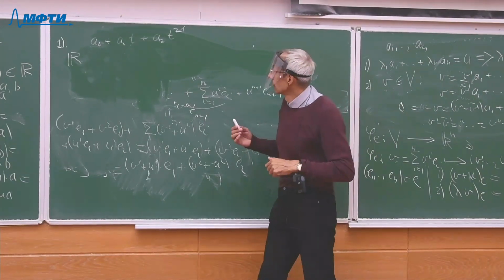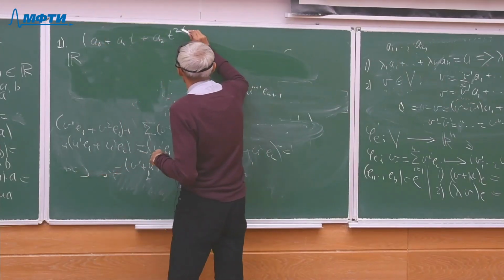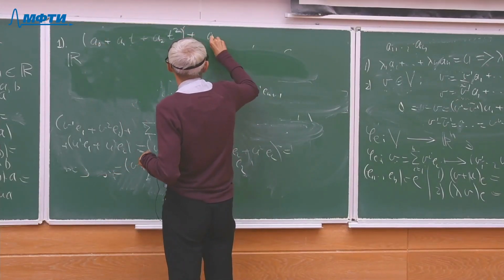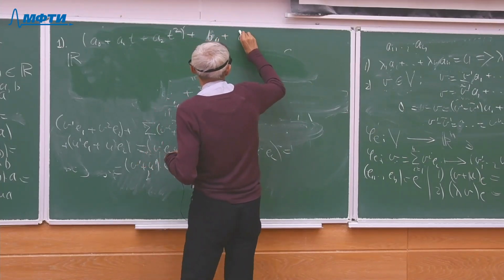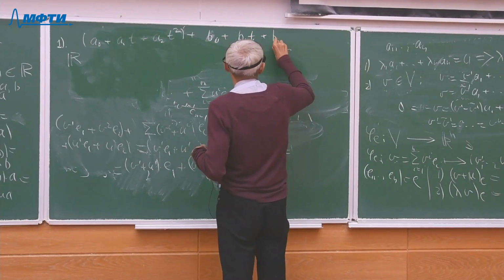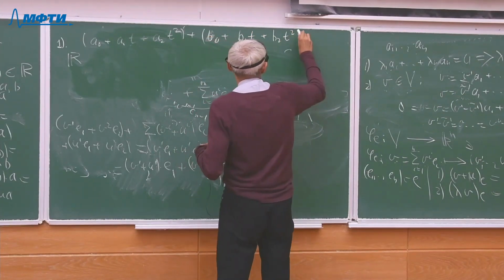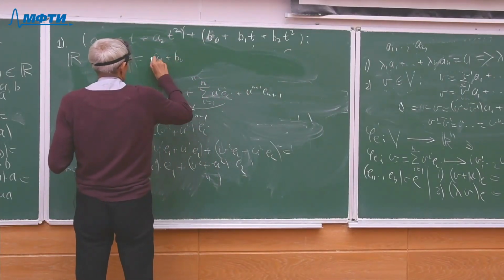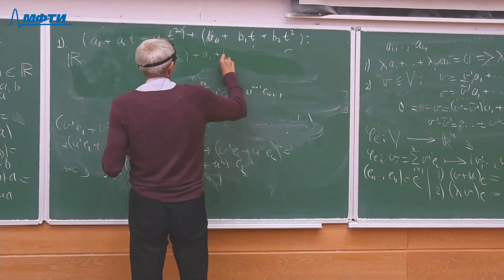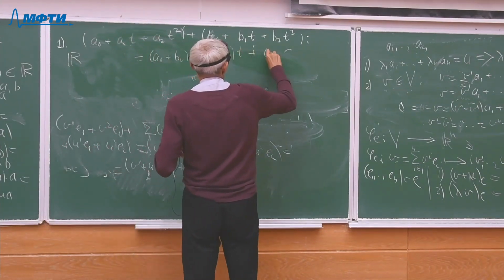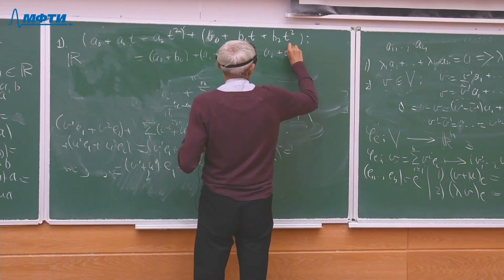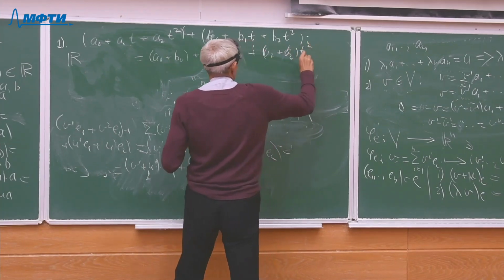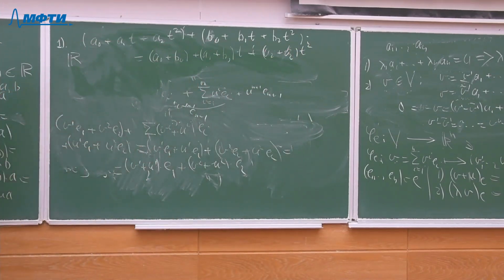a formal expression. If I have b0, b1 t, b2 t square, I can obtain the sum of the polynomial by the following formula.